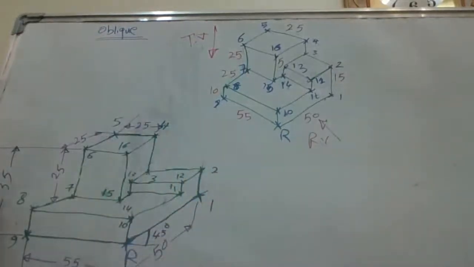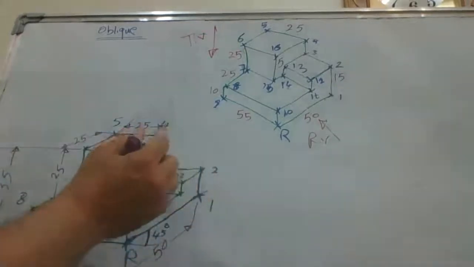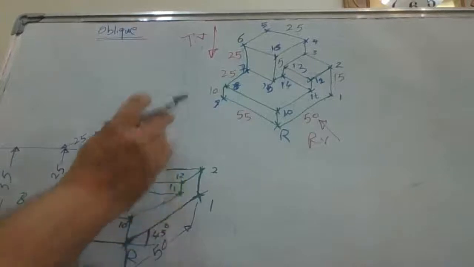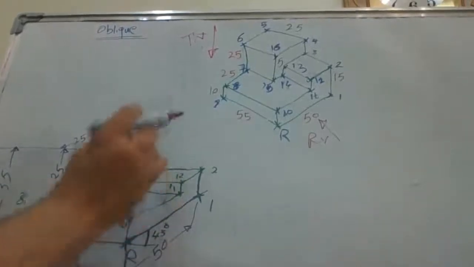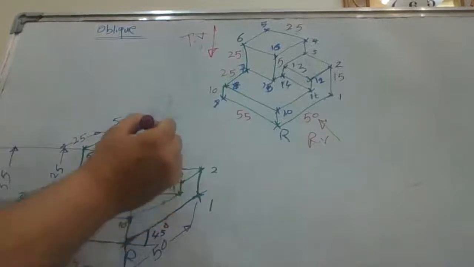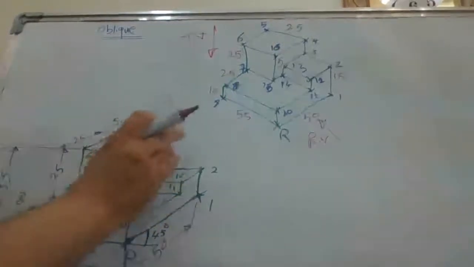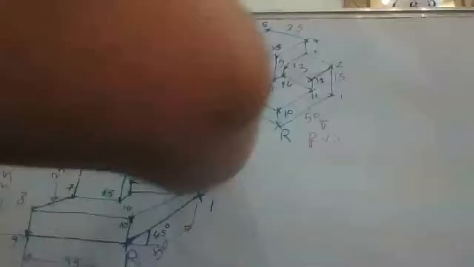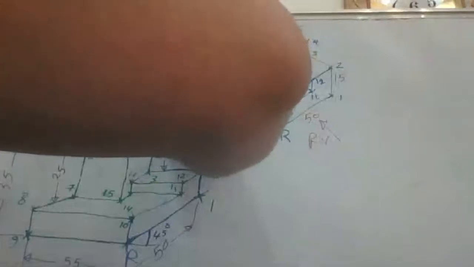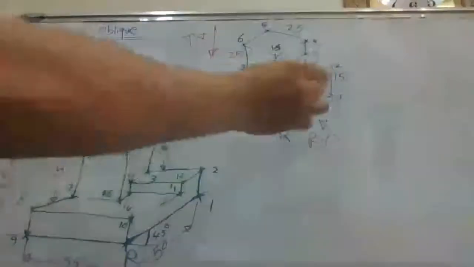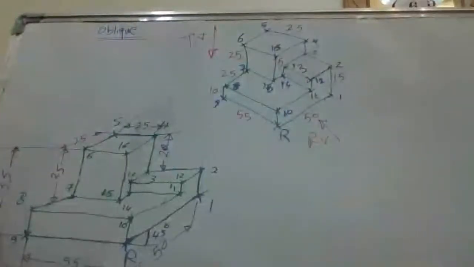That means the total is 35. We can choose one of them. Assume we choose this one. Maybe we can draw here 20. This is the right way to draw the length. 20 plus 15, that means the total is 35.